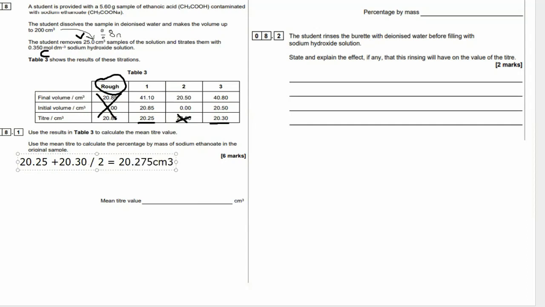Now we need to use this mean to calculate the percentage by mass of sodium ethanoate, the contaminant that's in the original sample. So our first step here is to work out the moles of sodium hydroxide, because we know its concentration. So we're going to do n = c times v. Let's find out the moles of sodium hydroxide.